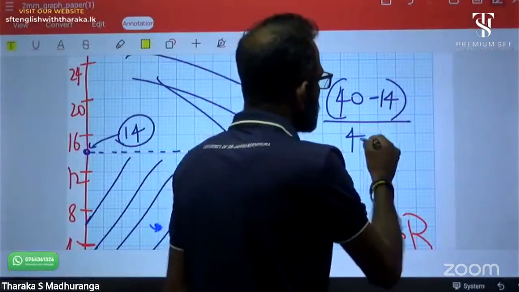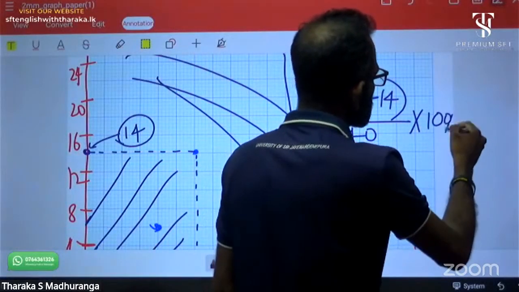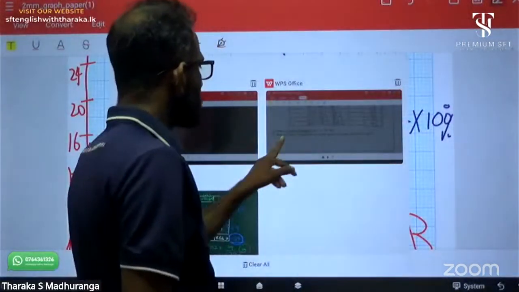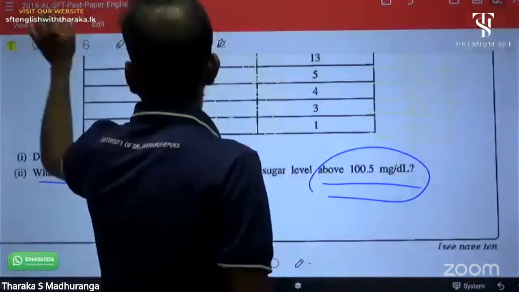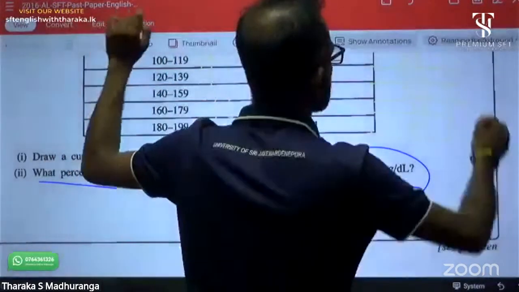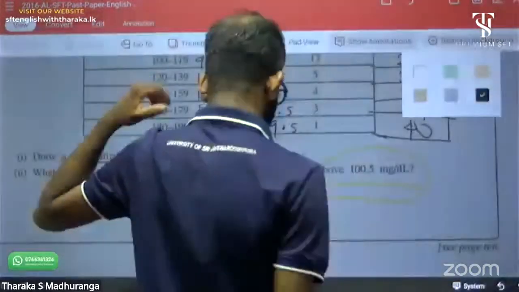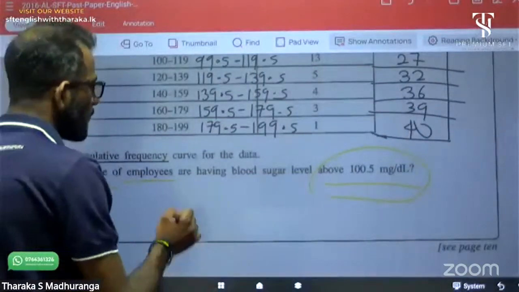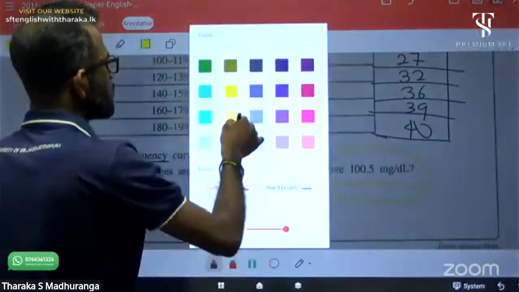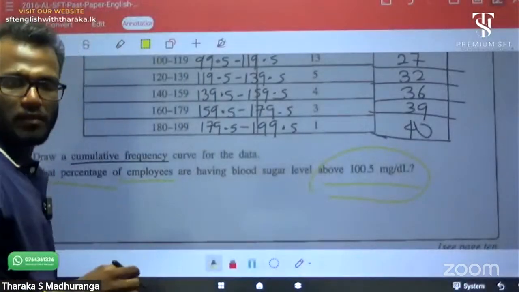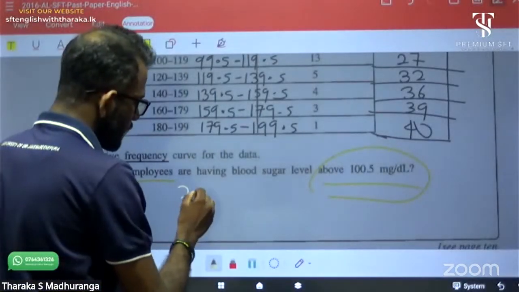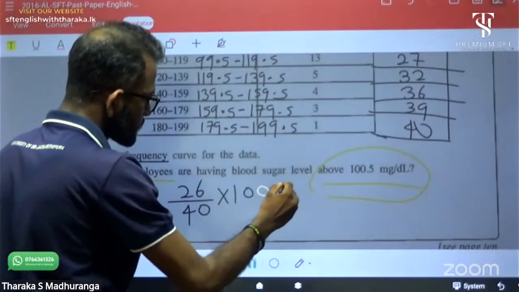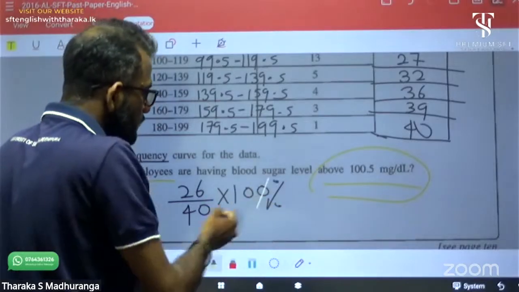The total 40 you can take as 100%. What is 40 minus 14? It is 26. The total 40 is 100%. This is the more-than percentage.